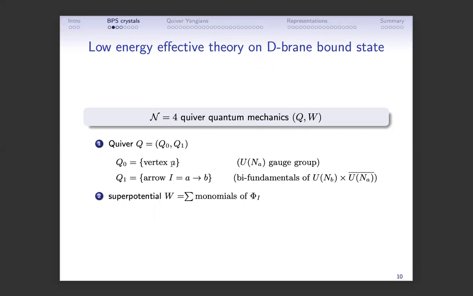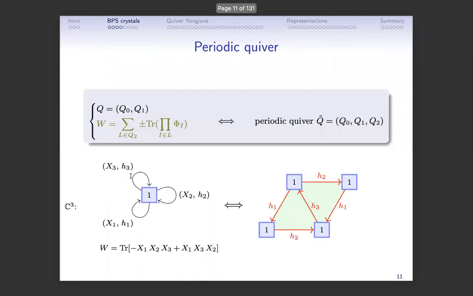Each vertex corresponds to a gauge group, and each arrow from A to B corresponds to a bifundamental of the two gauge groups. There is also the superpotential, which is given by monomials of the bifundamentals.